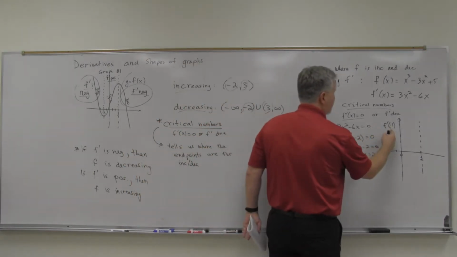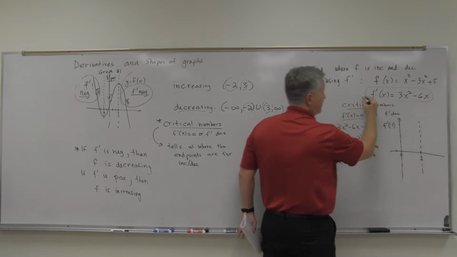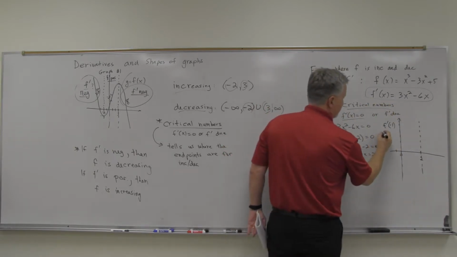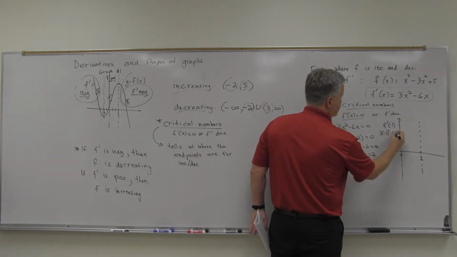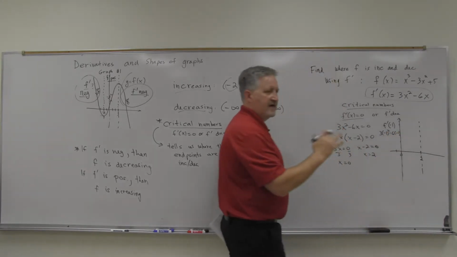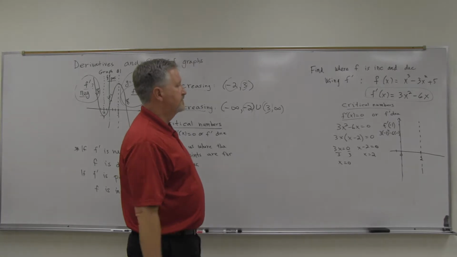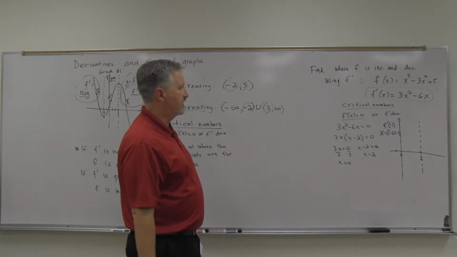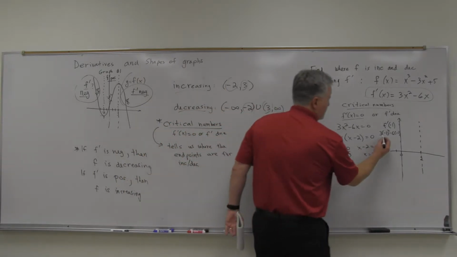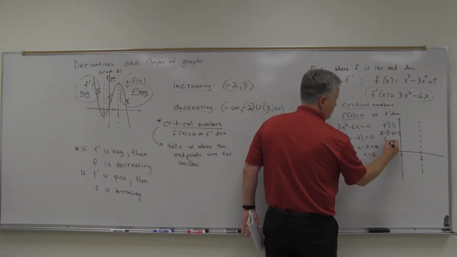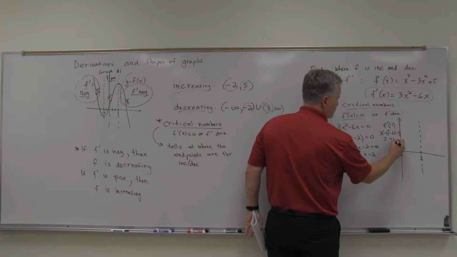So f prime of -1. So I'm plugging it into f prime now. So that's going to be 3 times -1 squared minus 6 times -1. And just evaluate that. These should be fairly quick if you haven't got too complicated of a function. That's 3 times 1, so that's 3. Minus 6 times -1 is plus 6. That's a positive number.